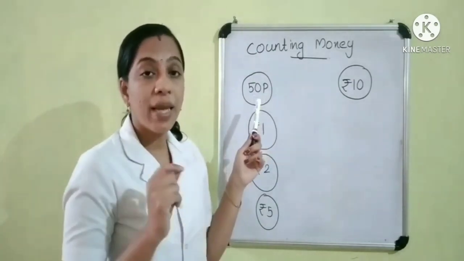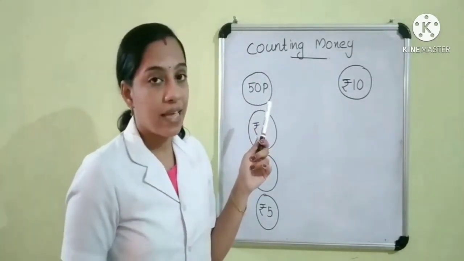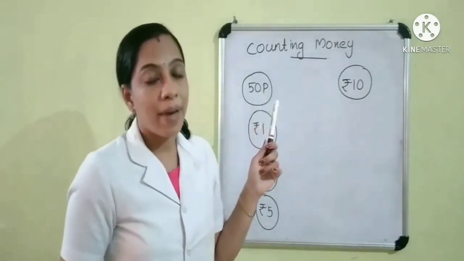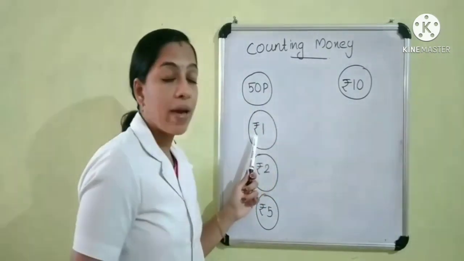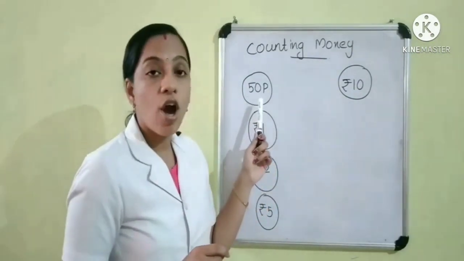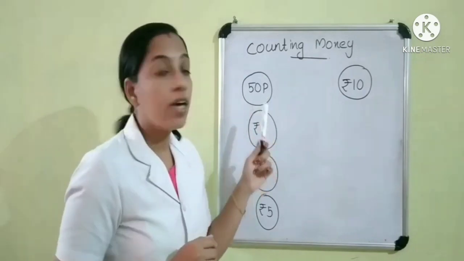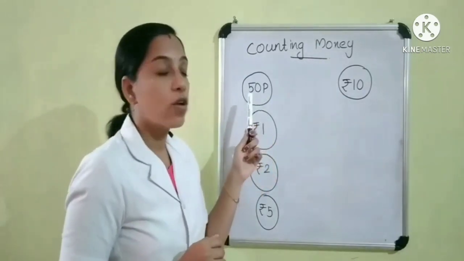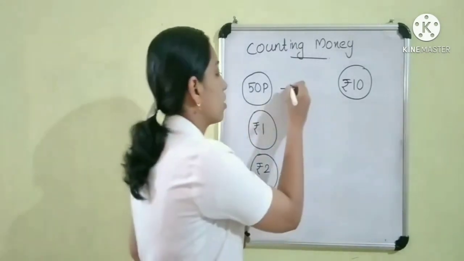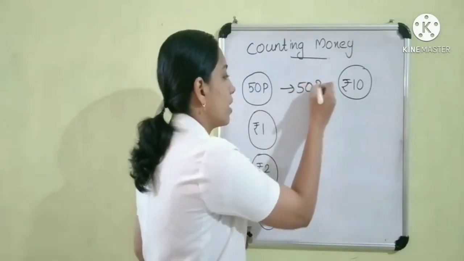We know 50p means 50 paise. We learned the letter P is used for denoting paise and this is the symbol used for denoting rupee. So this is the coin of 50 paise. Here you can see the number 50. So the value of this coin is 50 paise. So let us write here 50 paise.